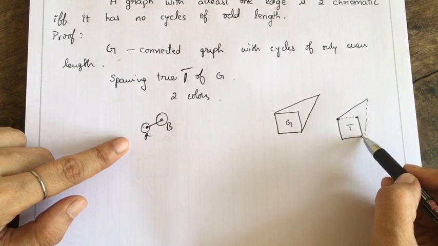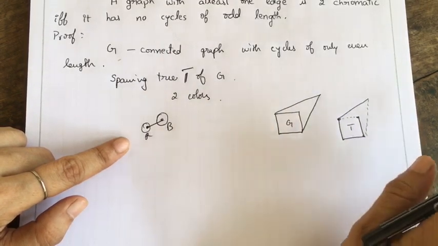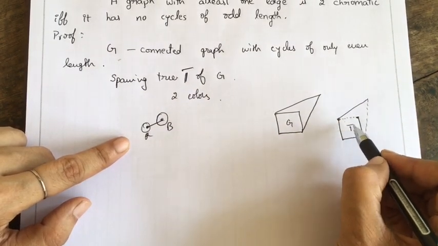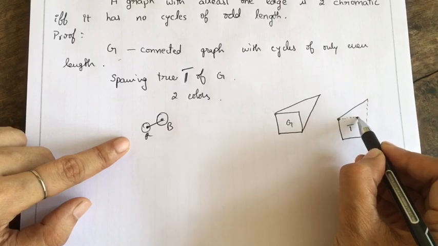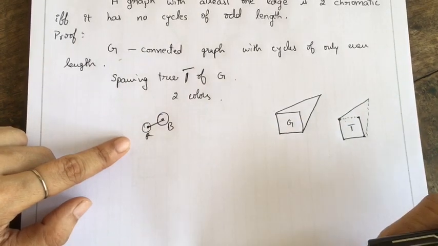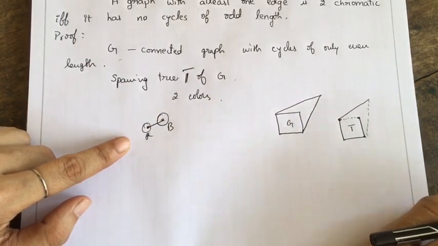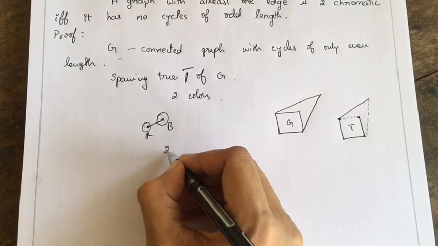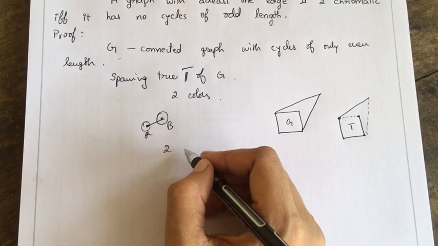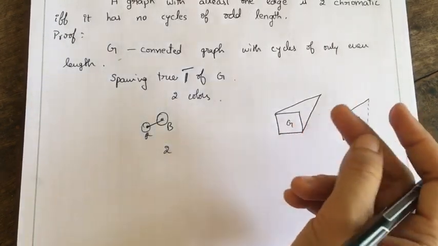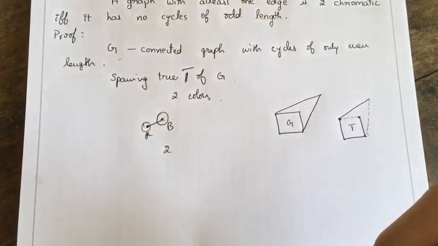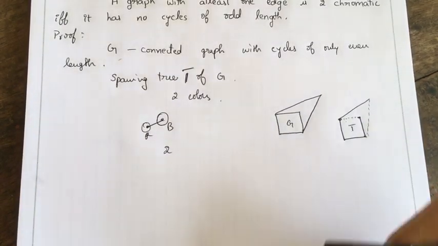I have the graph with all the cycles of even length. So the chord which I am adding to the spanning tree will have end vertices with different colors. So I can say that G is colored with two colors with no two adjacent vertices having the same color. Therefore, I can say G is two chromatic.